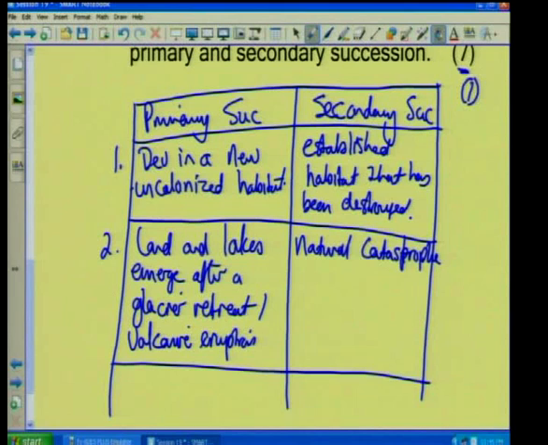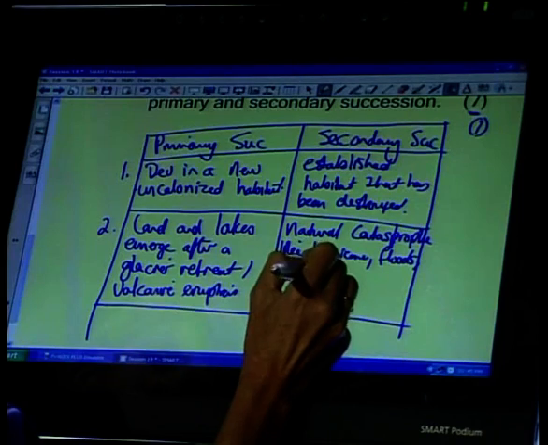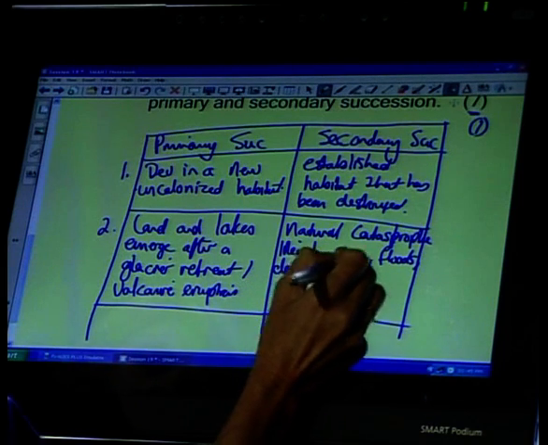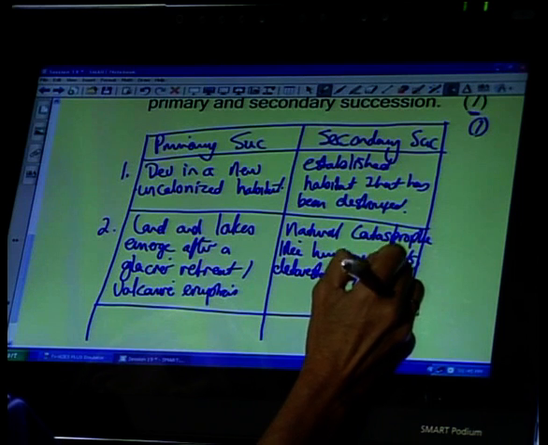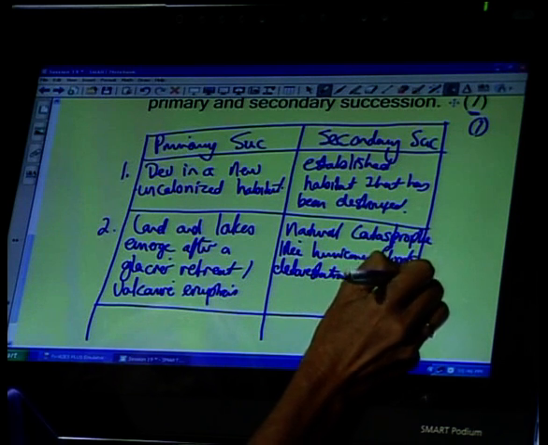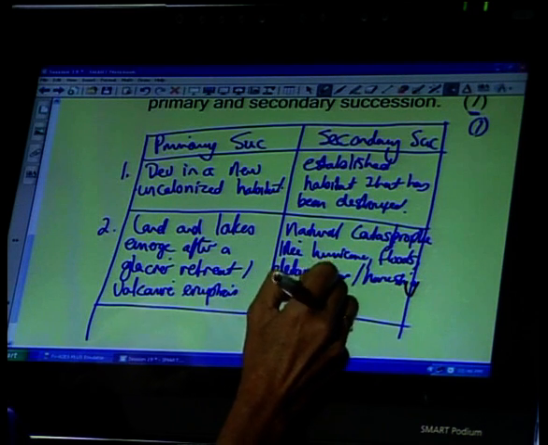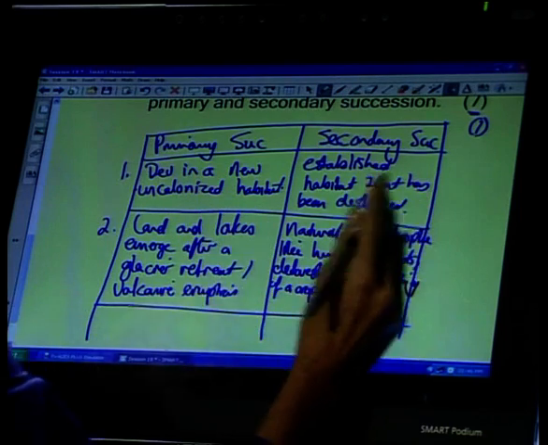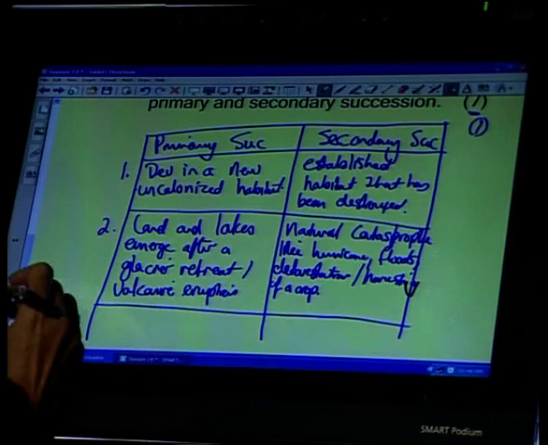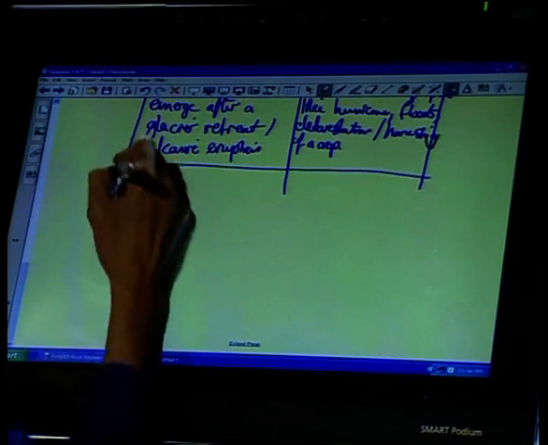Okay, and a natural catastrophe would be something like a hurricane, floods, deforestation, harvesting of a crop. In other words, that area, the soil is there, but everything has been flattened out. Okay?